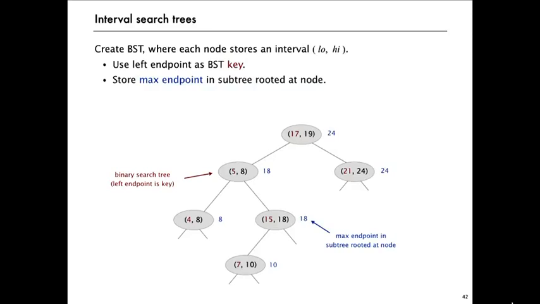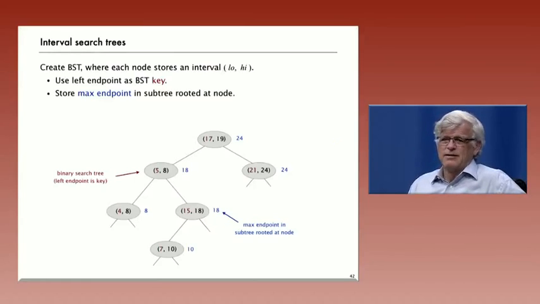But in each node of the tree, we're going to store not just the interval, but also the largest endpoint in the subtree rooted at that node. So at every node, we're going to store the maximum endpoint in the subtree rooted at that node. At the root, the maximum endpoint, or the rightmost point covered by an interval, is 24. So we store 24 at the root.